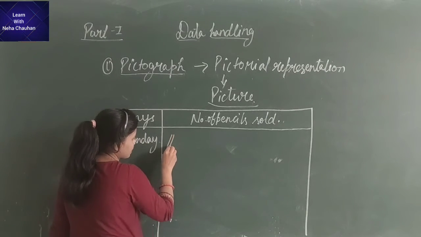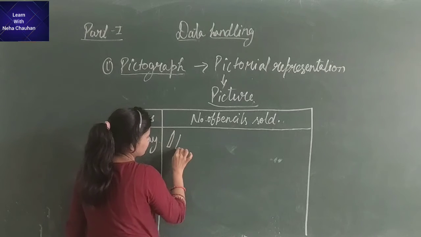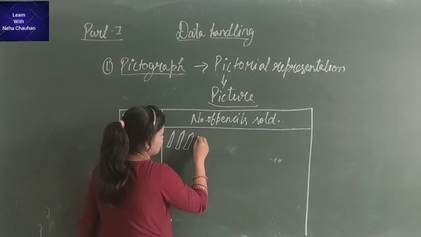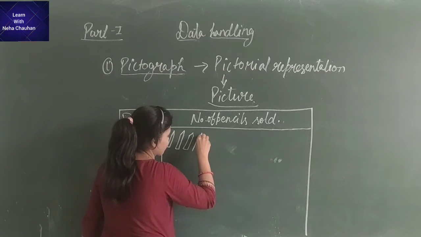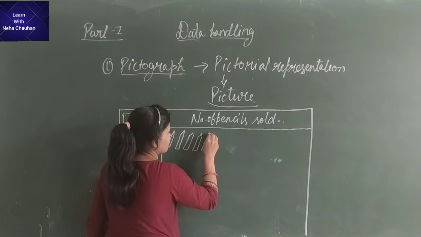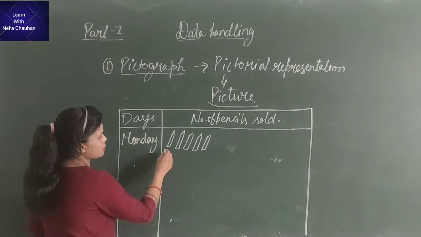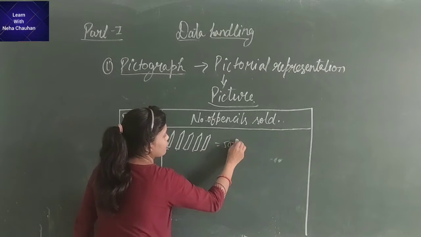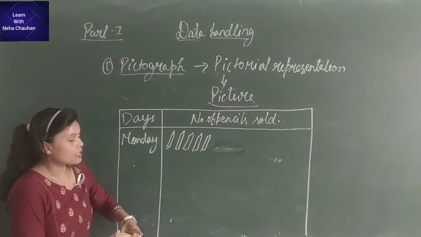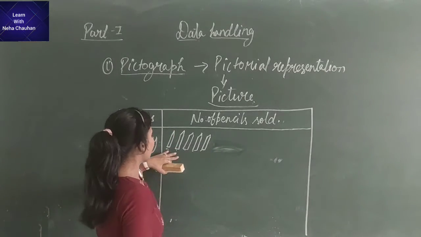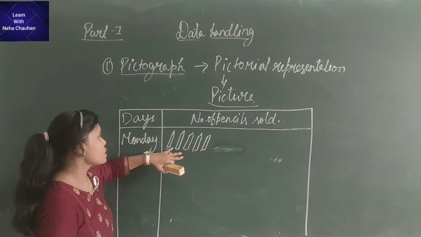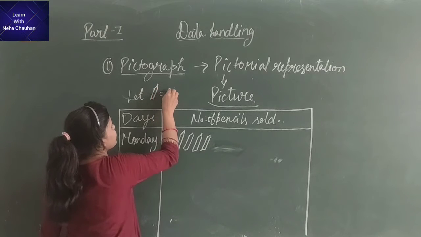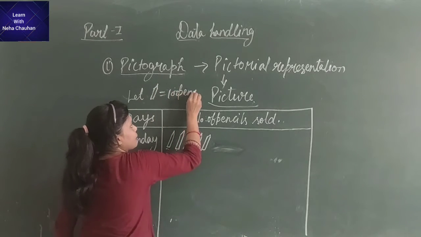So we will represent it like this. So 5 pencils, 1, 2, 3, 4, 5. So 5 pencils represent 500. We will not write it here, but I am just telling you that these 5 pencils represent 500, because we have assumed that one pencil will represent 100 pencils, right?